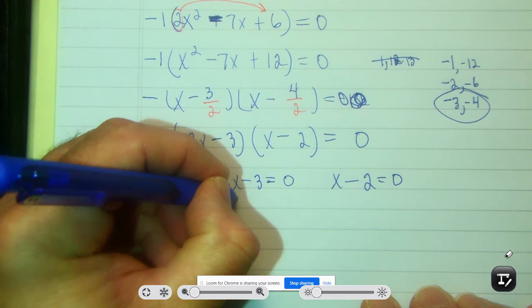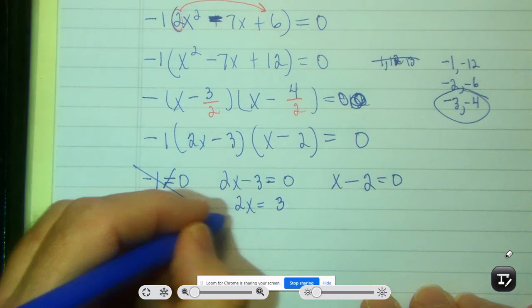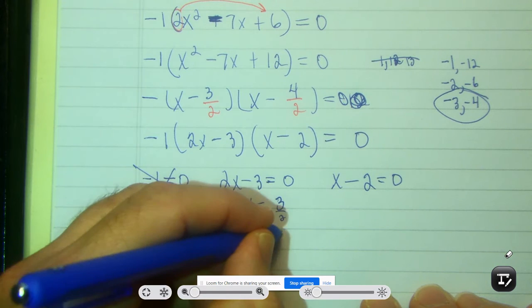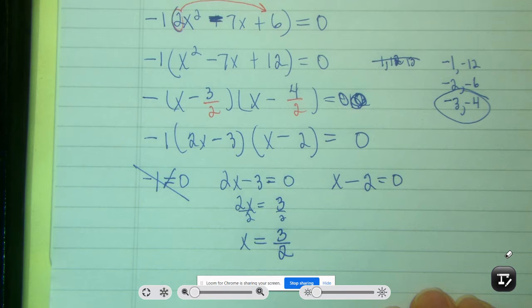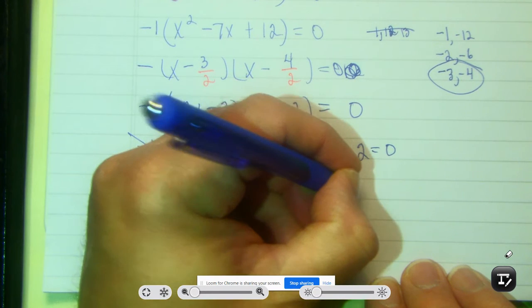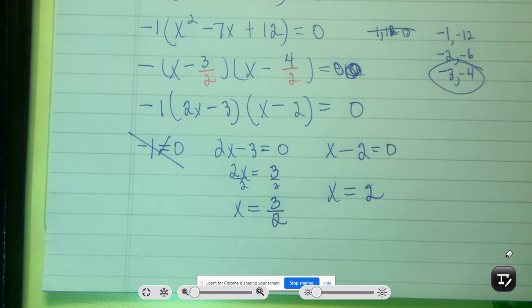Add 3 to both sides. I get 2x is equal to positive 3, divided by 2 on both sides. And I'm going to leave that fraction as an improper fraction. So x can be 3 over 2, or x could be equal to positive 2. So those are my two answers.